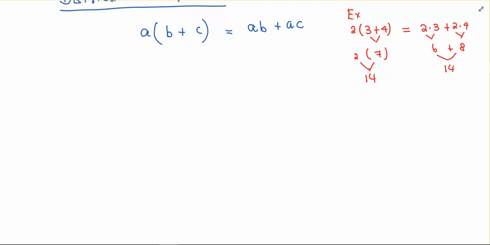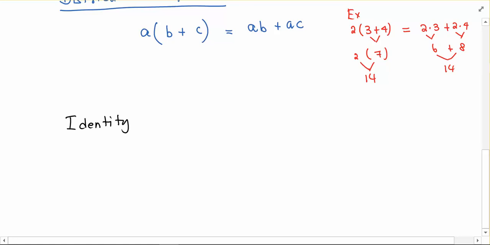Then we have a couple of identity properties. Identity property. So the identity property, basically identity, right? When I was studying this again, I used to think of this as identity as in self.